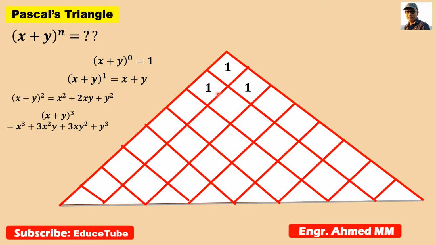So what we will do is find this by adding the two adjacent coefficients immediately above in the previous row. Here, in the previous row, these two adjacent coefficients are to be added. That's the main rule here, so we can follow this for all the coefficient values. So let's start.